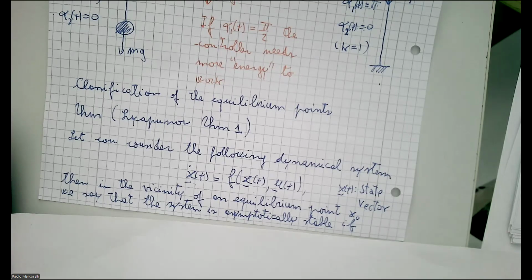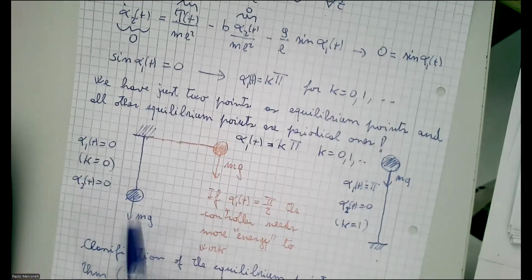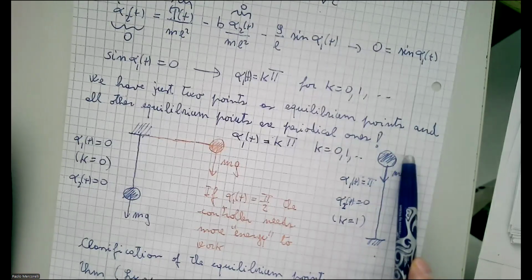Until now, I didn't tell you about theorem 1 because we have seen last time theorem 2. I don't remember if I called it theorem 2, but in any case, it's exactly the theorem which we have seen last time. This is another theorem which allows to classify the equilibrium points. It's important to classify the equilibrium point because, as I told you, the nature of this equilibrium point is totally different with respect to this one.